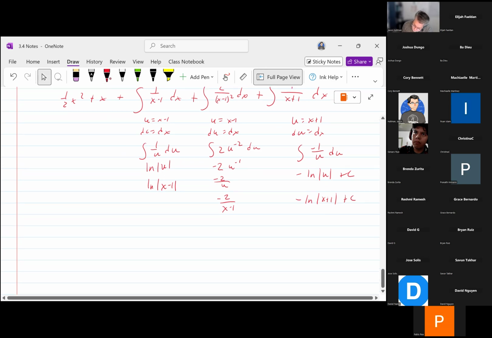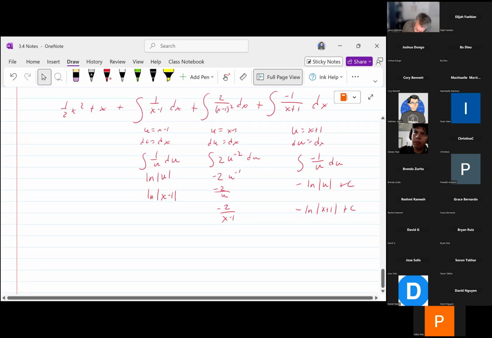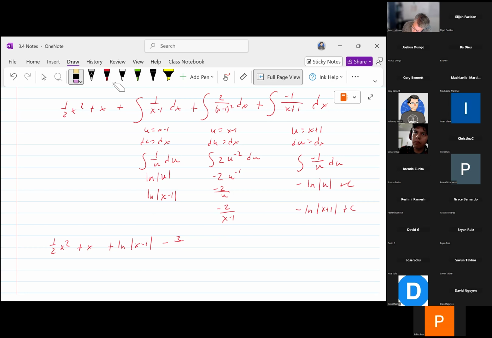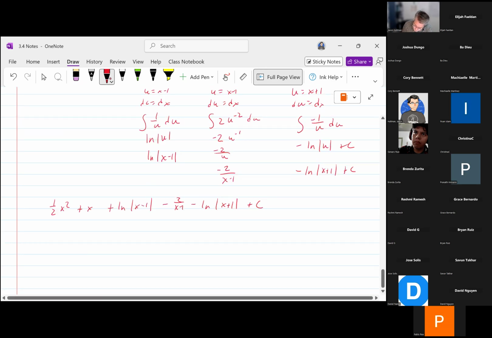Okay, so now we have 5 terms. We have 1/2 x squared plus x plus the natural log of x minus 1 minus 2 over x minus 1 minus the natural log of x plus 1 plus c. And again, I could clean this up if I wanted to a little bit.